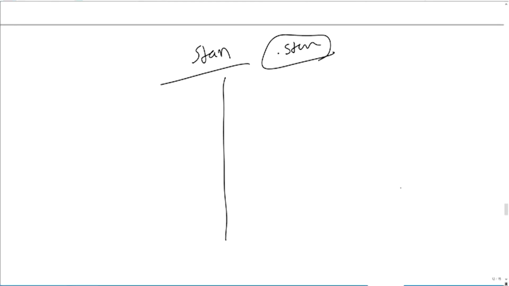The first block contains your data. So first you need to define data. In the data block, of course, similar to Java, you will need to define properly what your variable type is.